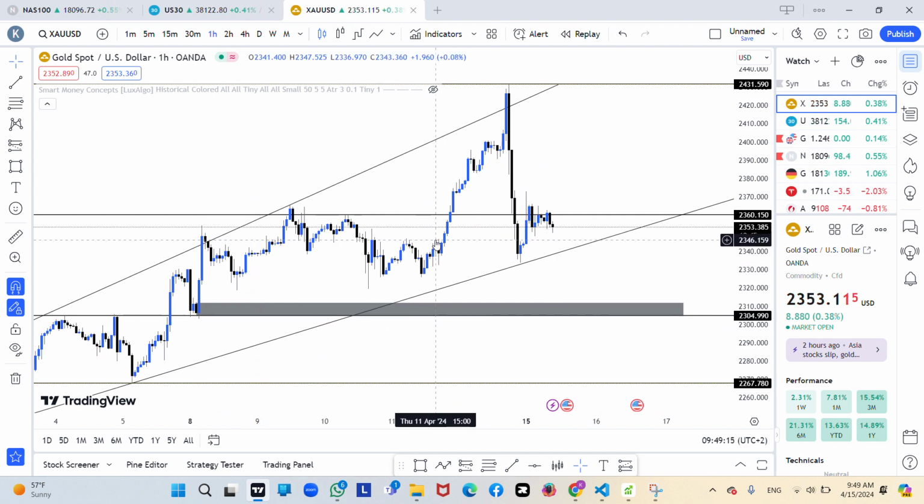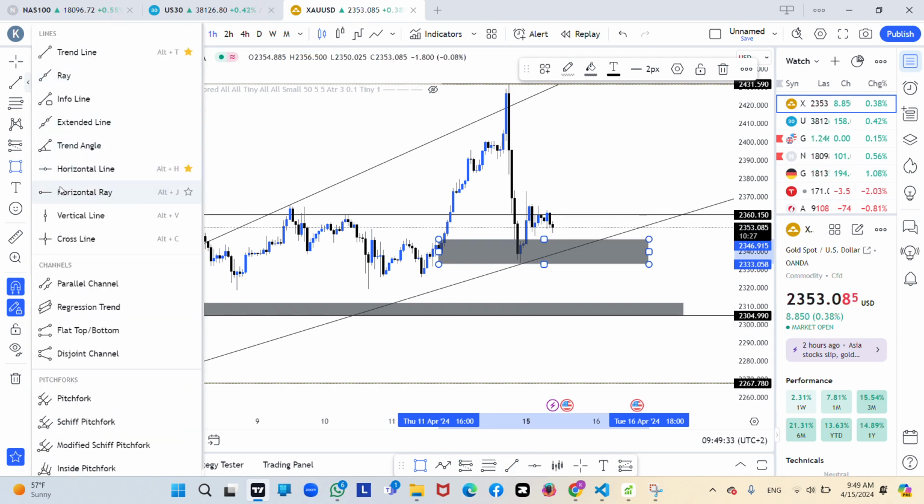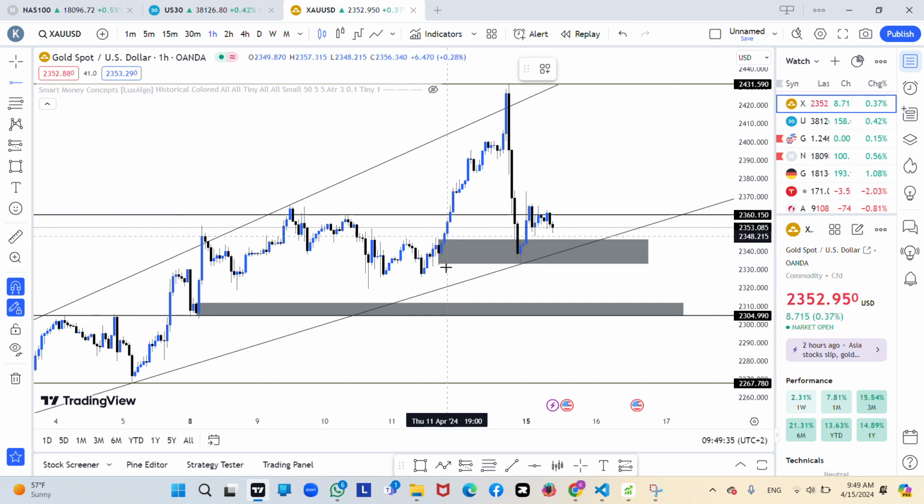We also identified this one here. And I still remember, guys, we identified this one, and we had our first entry right there, the close of that candle.